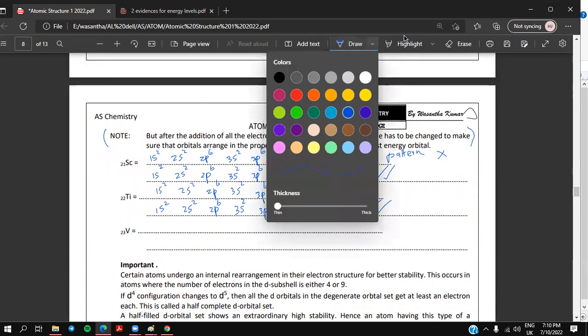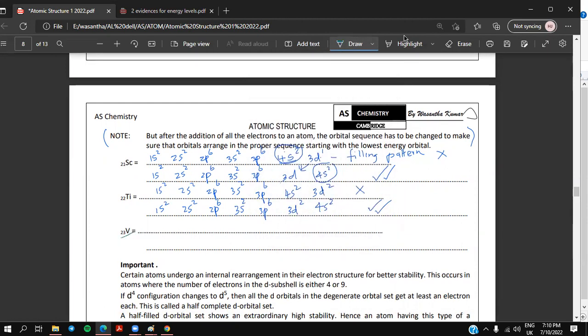Shall I write the electronic configuration for the next one? Vanadium, this is vanadium. It has 23 electrons. 1s2, 2s2, 2p6, 3s2, 3p6. After 3p6, we go to 4s2, and we have 3d3.